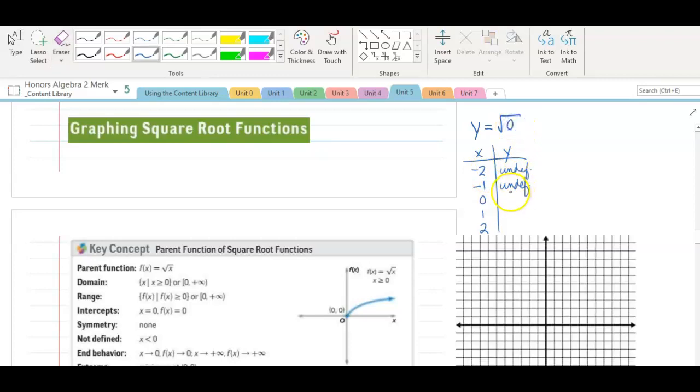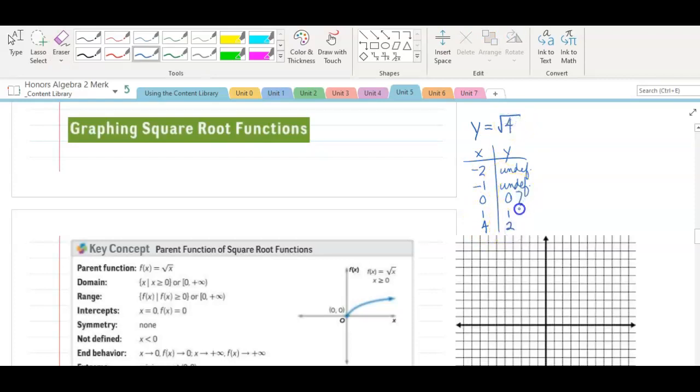But 0, what's the square root of 0? 0. What's the square root of 1? 1. What's the square root of 2? It's a decimal, about 1.41. I don't like to graph numbers like that. So instead, I'm going to go to the next number that would give me an integer answer, like 4. What's the square root of 4? 2.